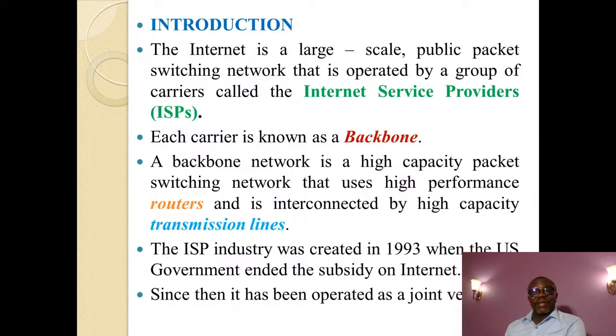It stands for Internet Service Provider. So each carrier is known as a backbone. People own backbones. We will see shortly the picture of a backbone. A backbone network is a high-capacity packet switching network that uses high-performance routers and is interconnected by high-capacity transmission lines.